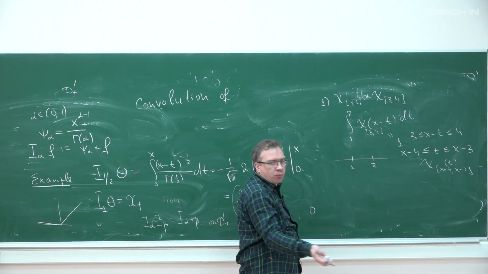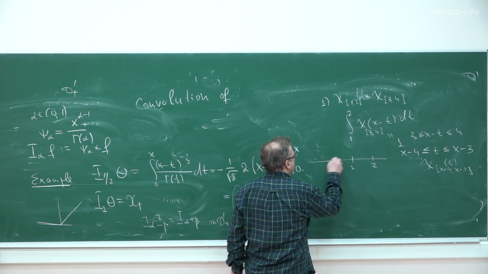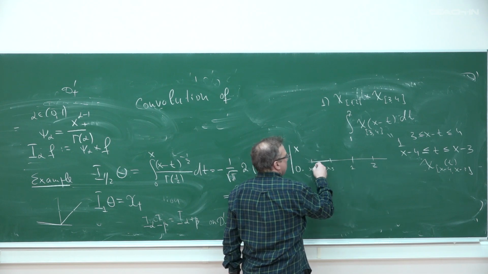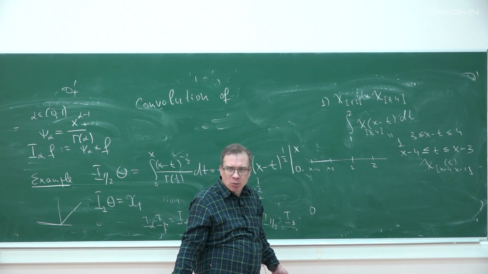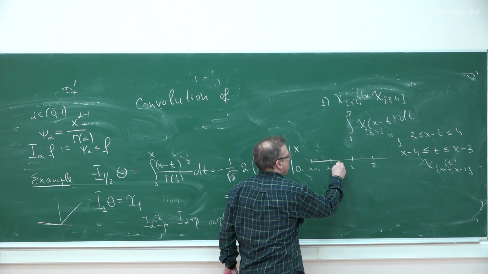So let's start from a very small x. If x is very small, this support lies here. The supports do not intersect, the result is 0. Then you move this support to the right.